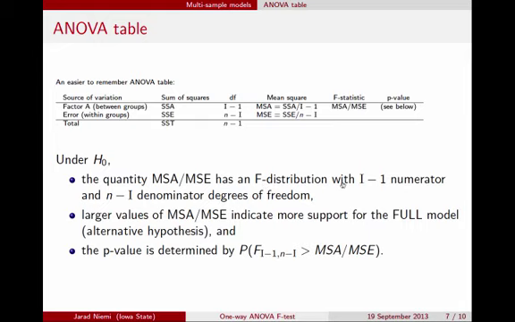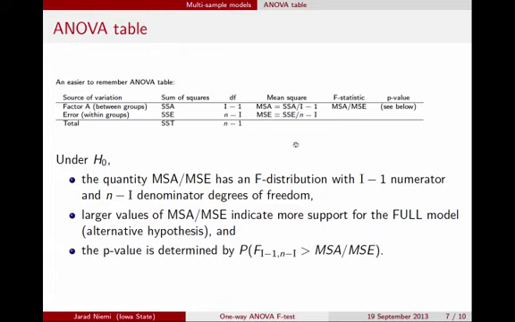The F distribution has two parameters: the numerator degrees of freedom and the denominator degrees of freedom. The numerator degrees of freedom are the degrees of freedom in this line, I minus 1, and the denominator degrees of freedom is in this line, n minus I. Notice we have MSA divided by MSE. MSA is here, so the degrees of freedom associated with it is this. MSE is in the denominator, and its degrees of freedom are there.